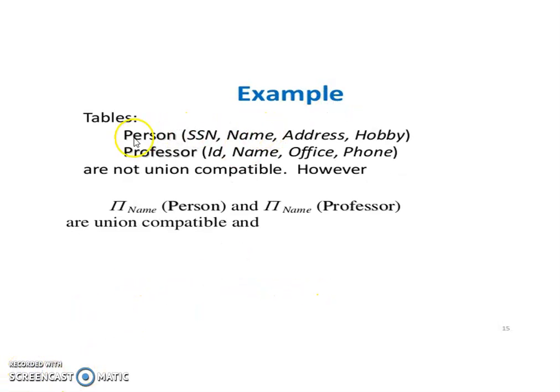In this example there are two tables, person and professor. Person has SSN, name, address and hobby, and professor has ID, name, office and phone number; they are not union compatible. Pi of name from person and pi of name from professor are union compatible.